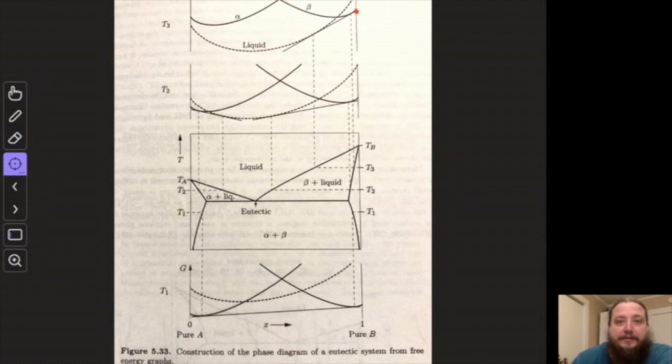We will form betas way out here. This will just form crystals. But in here, we're going to have a non-homogeneous mixture, a mixture of a liquid over here at a lower mix ratio, and then forming a solid over here at a higher mix ratio.